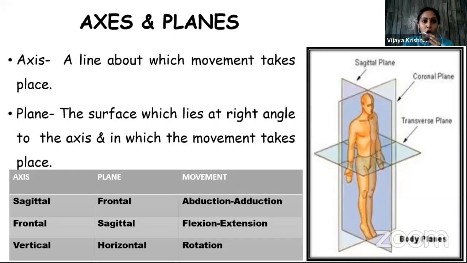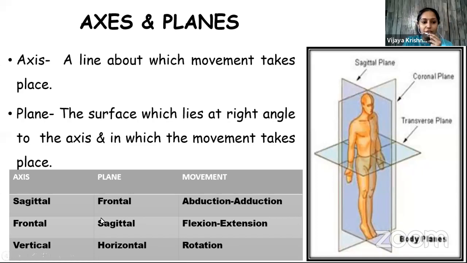Now we move on to another important concept, that is axes and planes. As we all know, an axis is a line about which movement takes place, and a plane is the surface that lies at right angles to the axis in which the movement takes place. The human body has movements occurring in three axes and three planes.